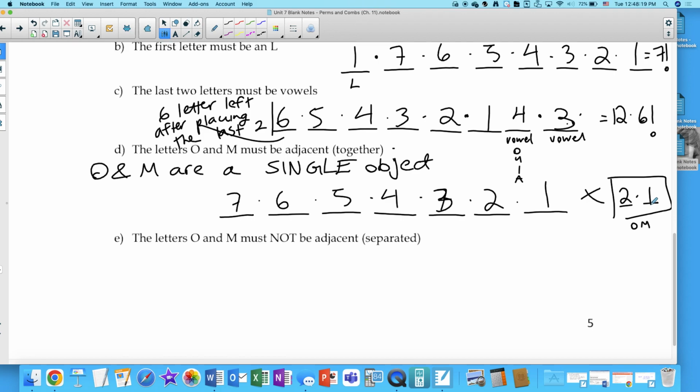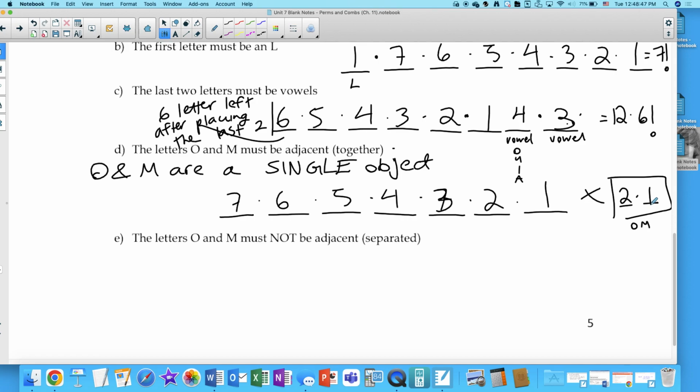So it's 7 factorial times 2, but in general, if the group was bigger, it would be like 2 factorial, right? If we had a group of 3 letters that had to be together, now you only have 6 objects. You have the group plus the 5 other letters. So that would be 6 factorial, and then multiply it by the number of ways the group can be arranged, 3 times 2 times 1.